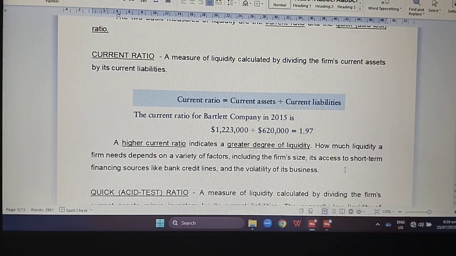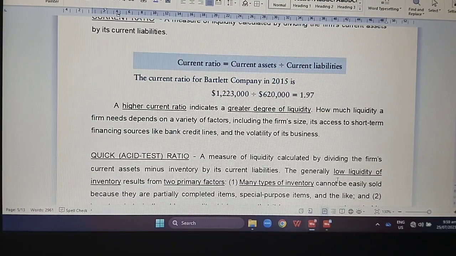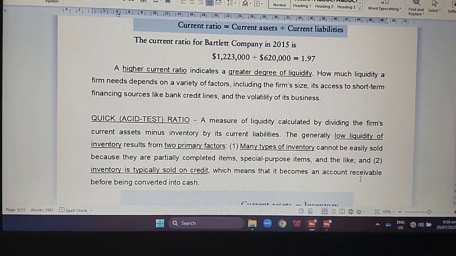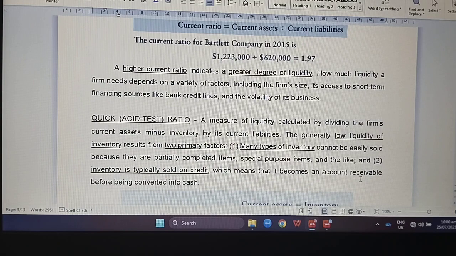Yan. Quick asset test ratio measures of liquidity calculated by dividing the firm's current assets minus inventory by its current liabilities. Okay? Generally, low liquidity of inventory results from two primary factors. 1.